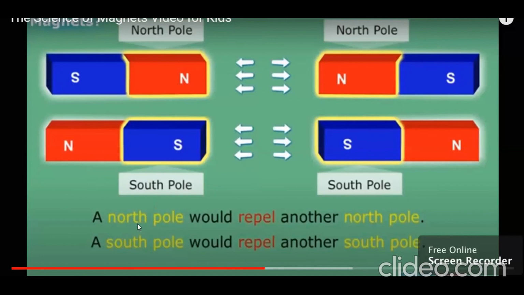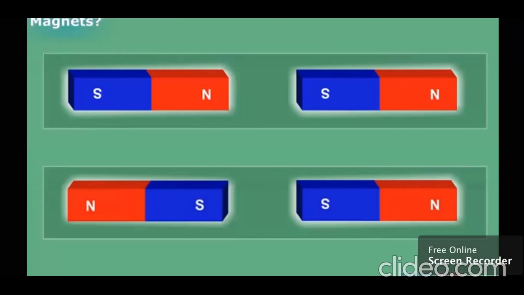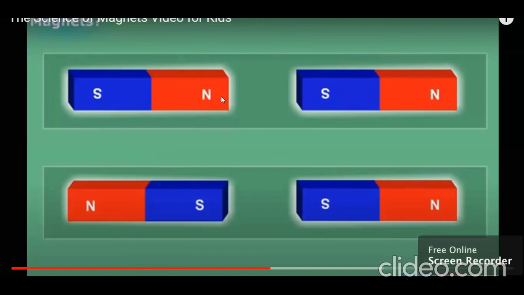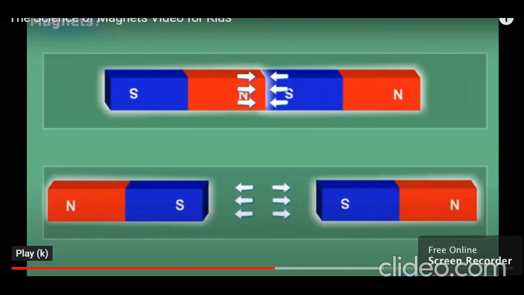For example, north pole will repel north pole and south pole will repel south pole. But on the other side, north pole attracts south pole, that means unlike poles attract each other and like poles repel each other.